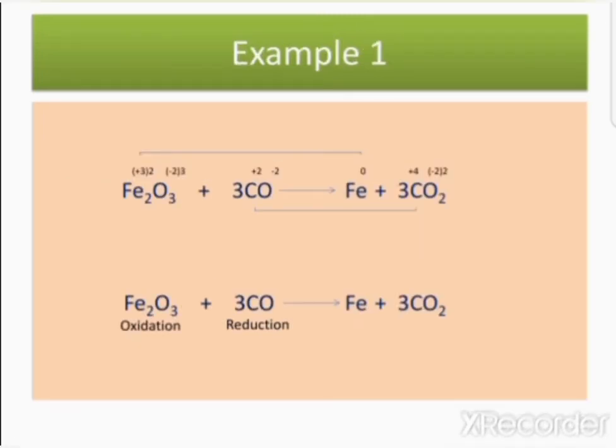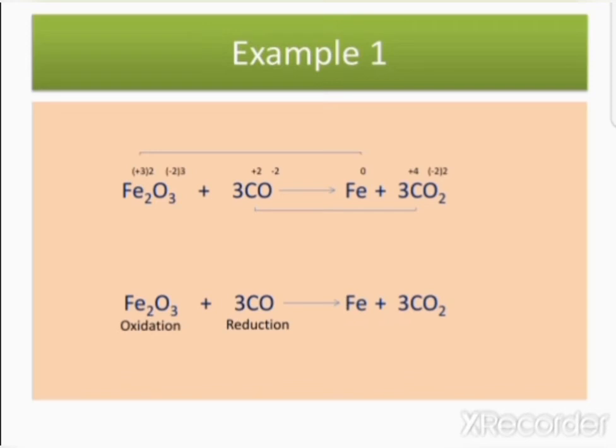Consider the following reaction that takes place in the manufacture of steel. Iron oxide Fe2O3 reacts with carbon monoxide to form iron Fe and carbon dioxide. To identify the oxidizing and reducing agents, we have to work out the oxidation states of all the elements involved in the reaction.